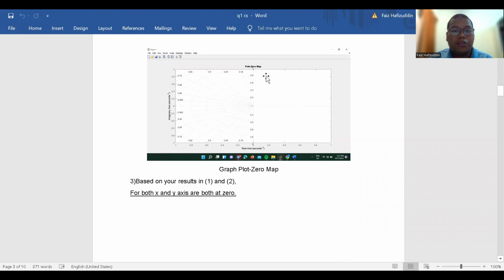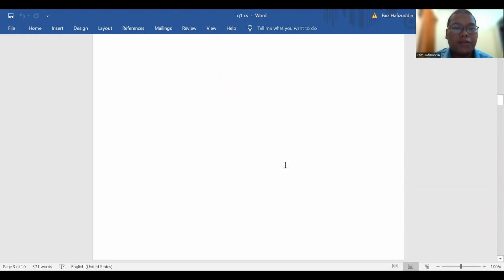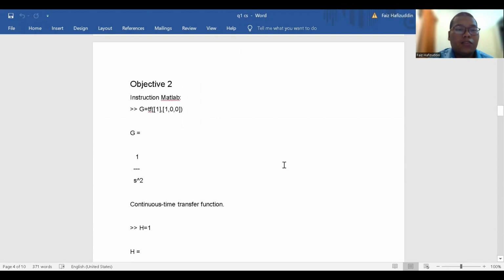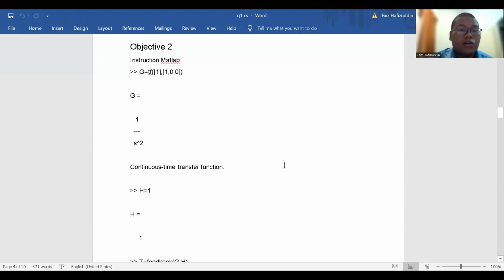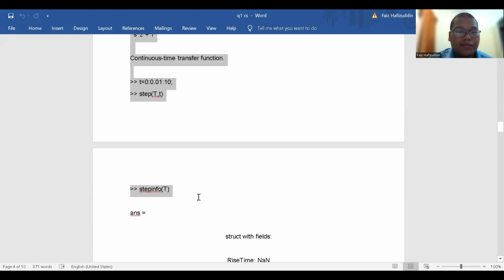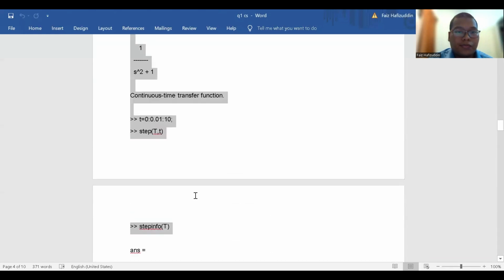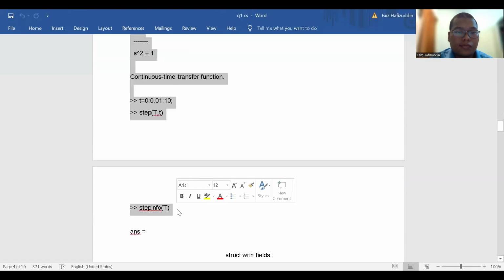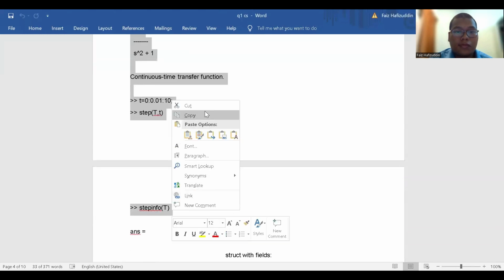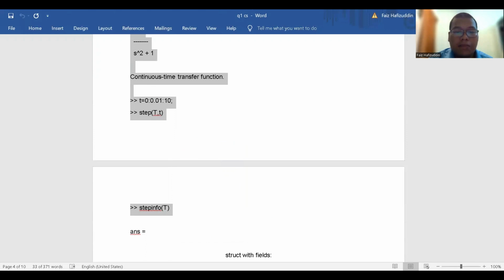Here we can see the pole zero map I inserted in the report. So next is objective 2. Here is the installation of MATLAB. I copy here, and then I will open MATLAB.